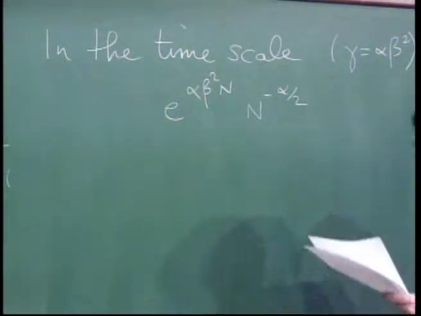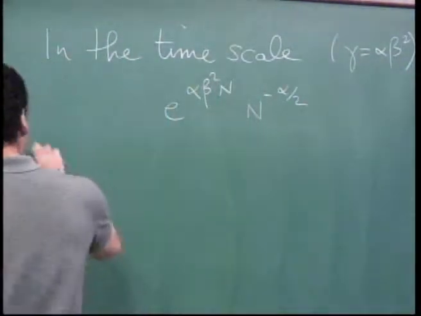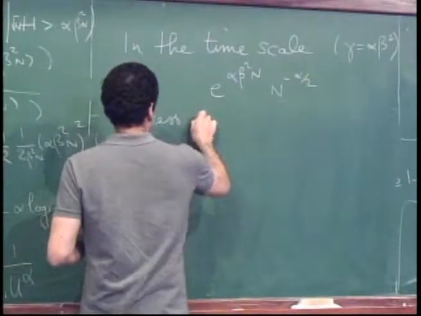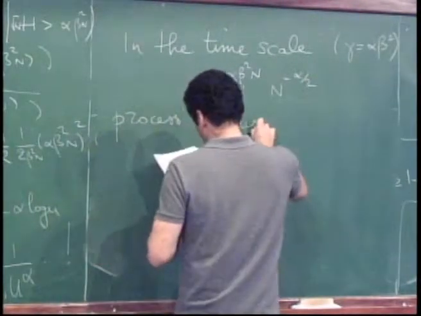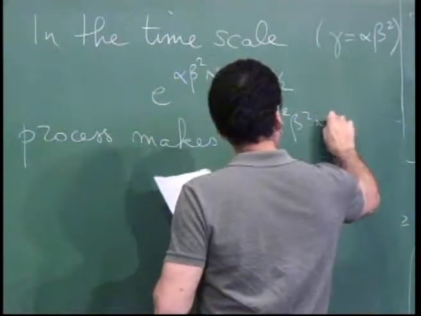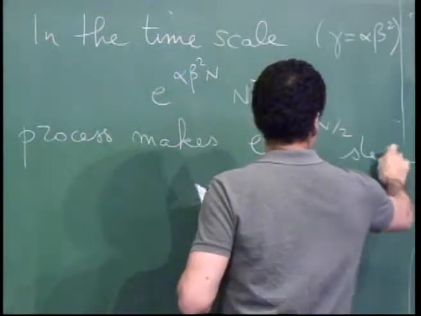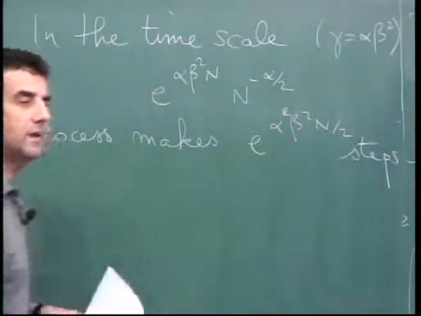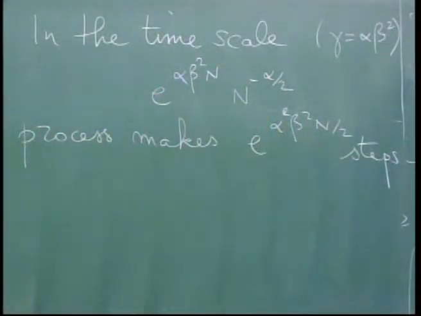So in this time scale, the process makes exponential alpha square beta square n over 2 steps. Okay. So in a time scale like exponential Cn, it makes a certain exponential dn steps.